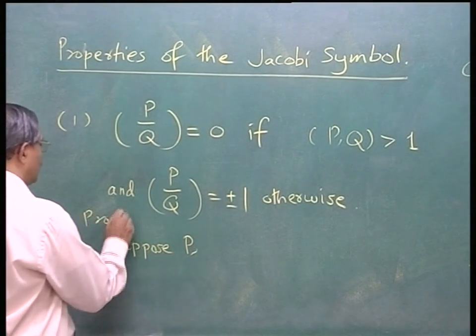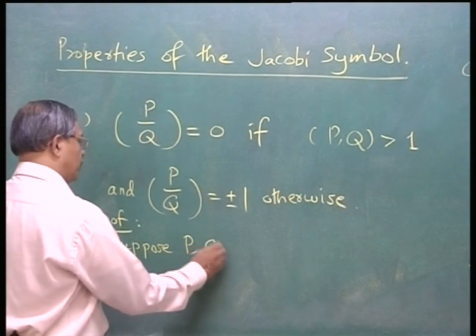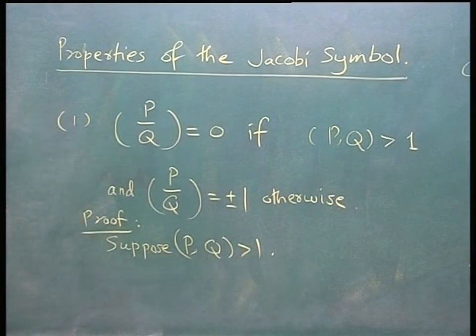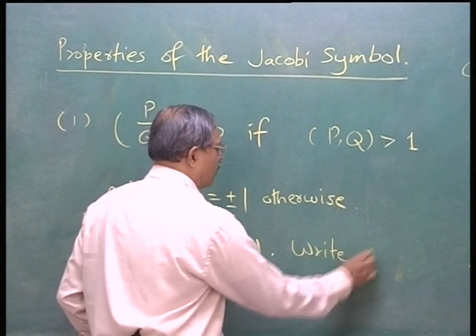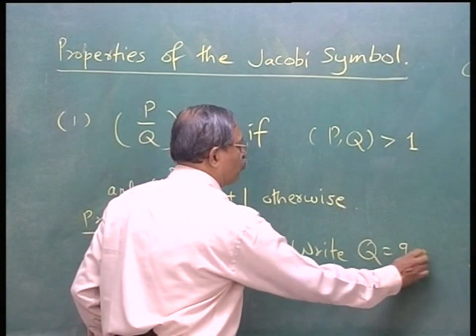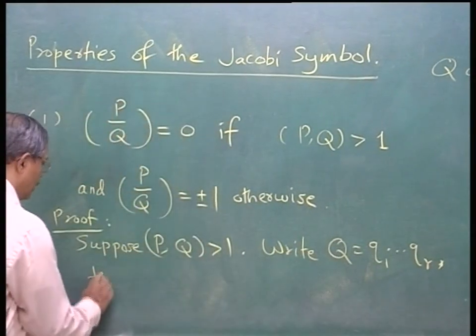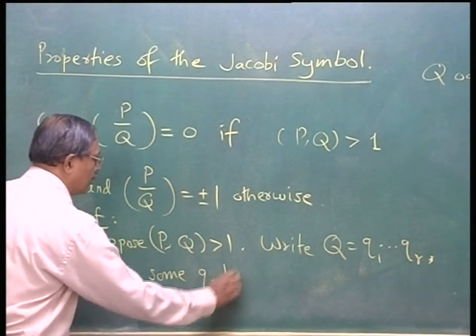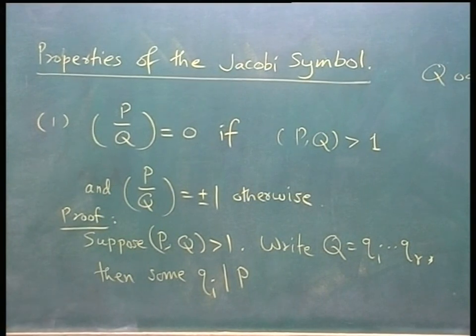Proof of this: suppose the GCD of P and Q is bigger than 1. Then if you write Q equal to q1 q2 ... qr, some qi divides P, because the GCD is bigger than 1.